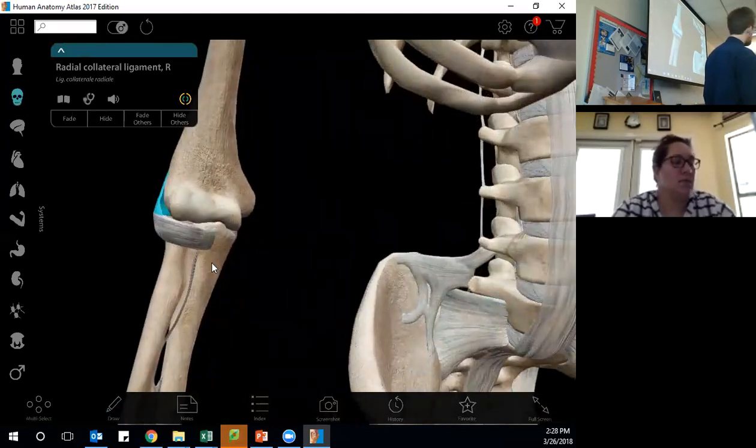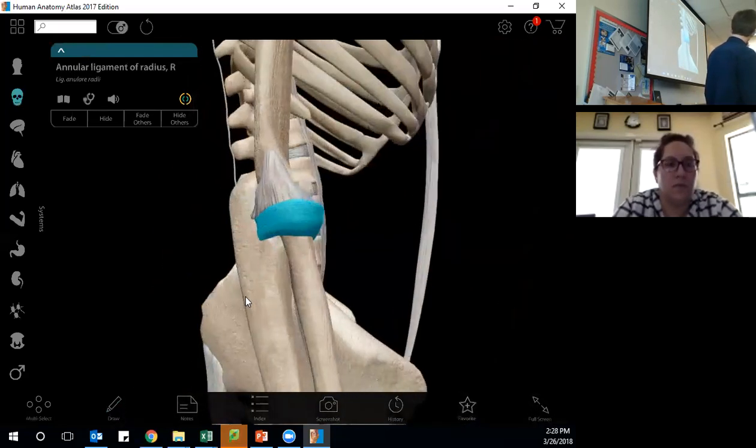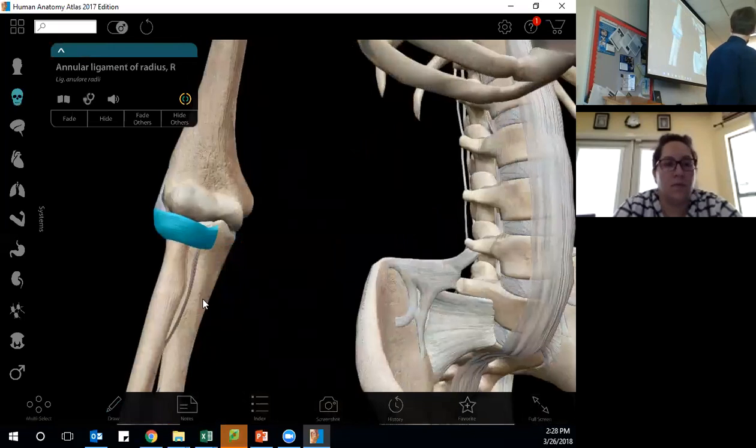Radial ulnar, which is this. So we have a band that goes from the ulna around the radial neck to the ulna. It's kind of a sling that wraps around the neck and allows us to pivot for that pronation supination.